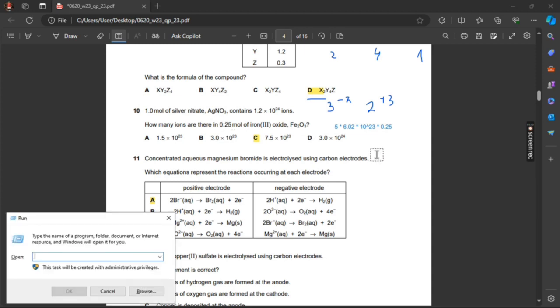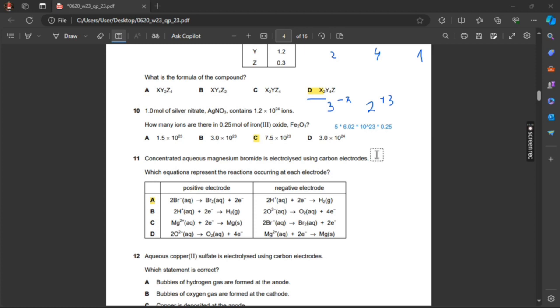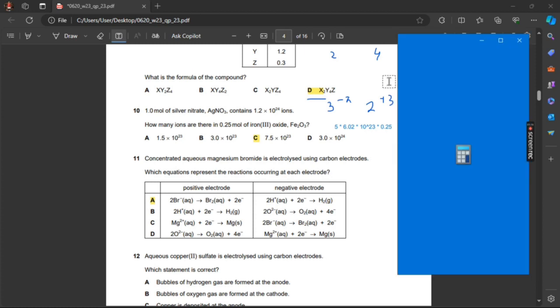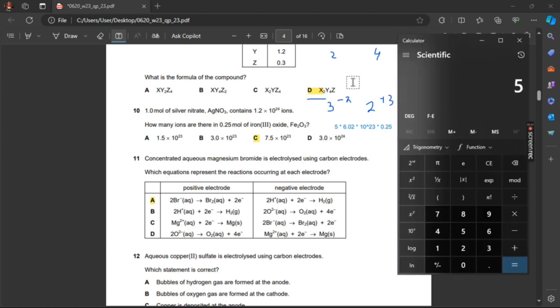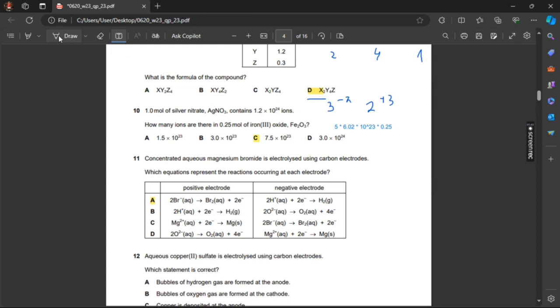Let's calculate it. 5 multiplied by 3.02 multiplied by 0.25, and we will get 7.5 multiplied by 10 power 23. So the correct answer is C.